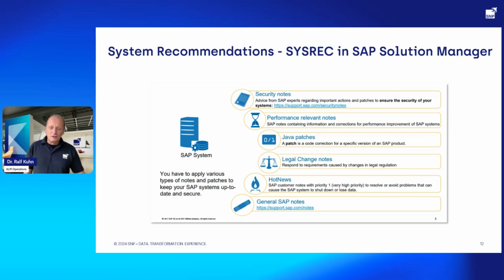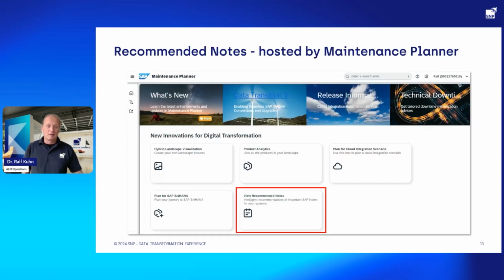With an increasing cloud orientation, SAP has also made available these Solution Manager-based system recommendations use case in the SAP portal, where you can find the so-called recommended notes in the area of the Maintenance Planner app in the sub-portal.